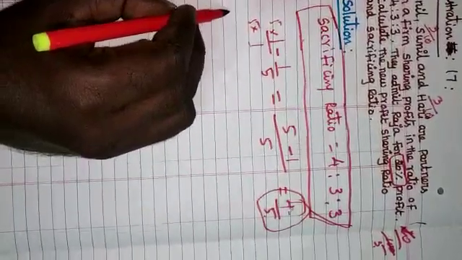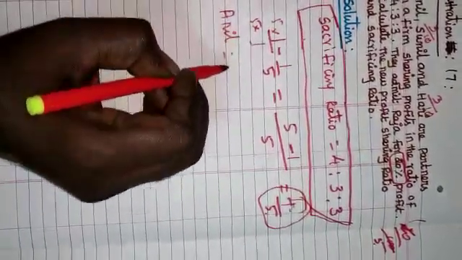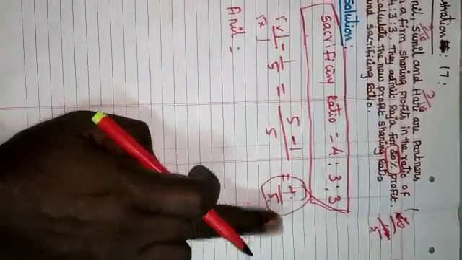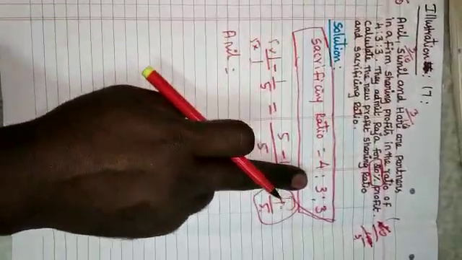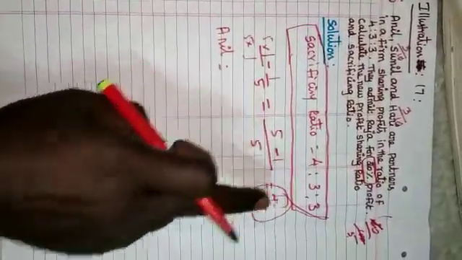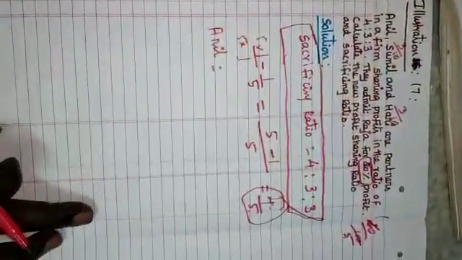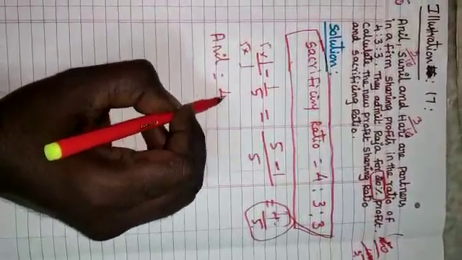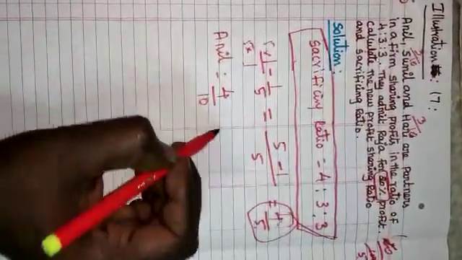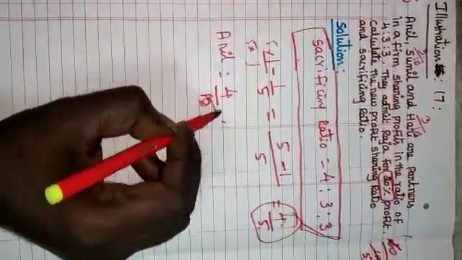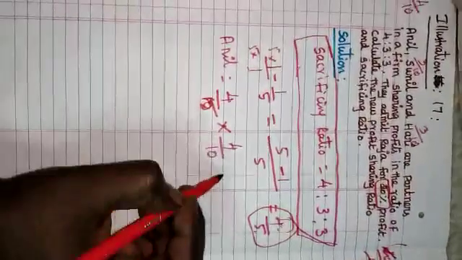Now we see here, Anil: new share is equal to remaining share into old share. Because here the sacrificing ratio and old ratio are both the same. We treated it as the sacrificing ratio, but they didn't give it. So from this remaining part, based on their old ratio, they are going to share it. So 4 by 10. In the 4 by 5, what is the share of 4 by 10?